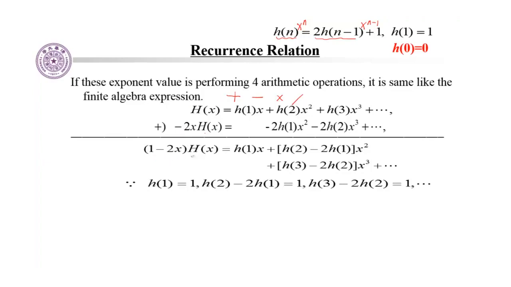According to the exponential one-to-one correspondence, we will find that the coefficients of each term on the right side are just the corresponding recurrence relation, such as the first term on the right side, h1x is 1x. For h2x squared minus 2h1x squared, the coefficient is h2 minus 2h1.